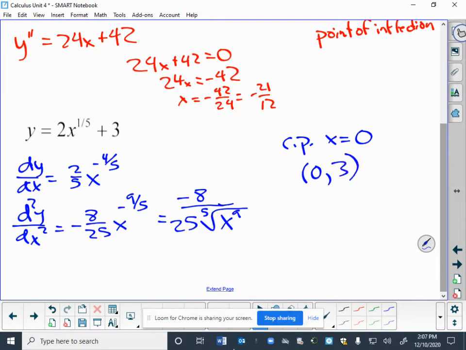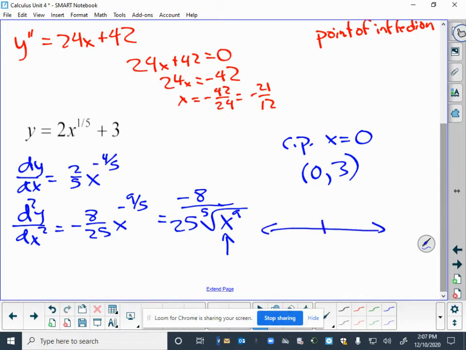And if we want to know if this is a point of inflection, where the concavity is positive and negative, it potentially changes there. If I put negative numbers in for x here, I'm going to get a negative number out, and then the negative 8 divided by a negative number in the bottom is going to be a positive number.